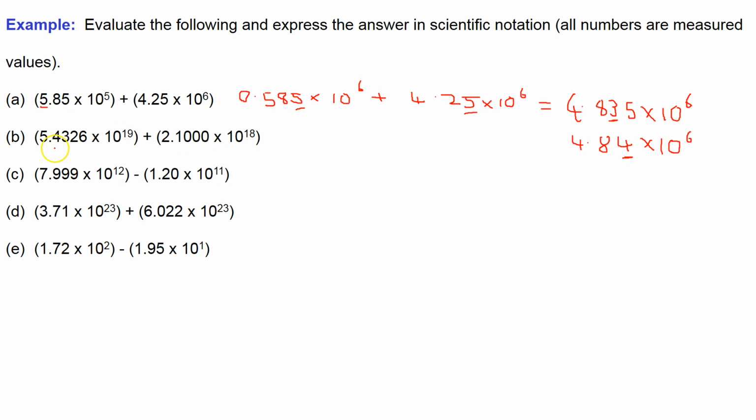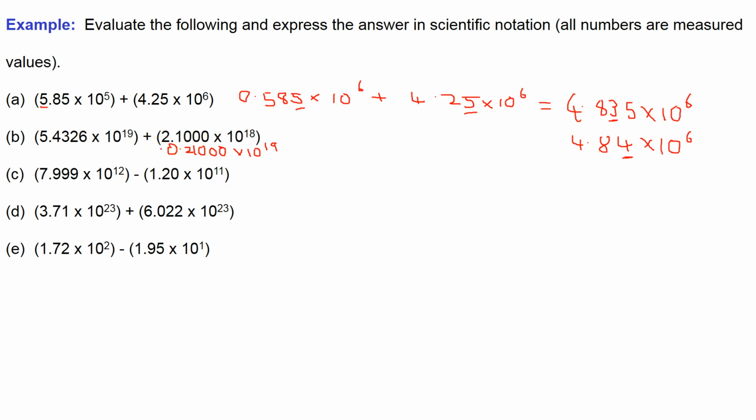So, you know, we can see similarly here, here's my big number, here's my smaller number. I'd be adjusting the coefficient of this one to make the power of 10 to the 19, and this number would end up being 0.2100 by 10 to the 19, and by considering these two numbers, that's going to tell me what my uncertainty would be.